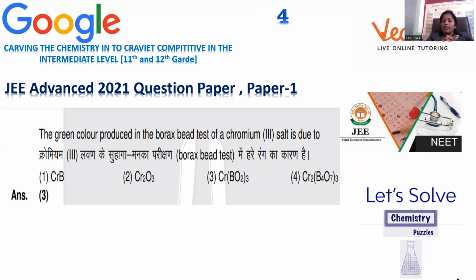That is said to be qualitative analysis. The test we are doing here is part of that qualitative analysis, in order to identify the chromium salt. That is called a borax bead test.